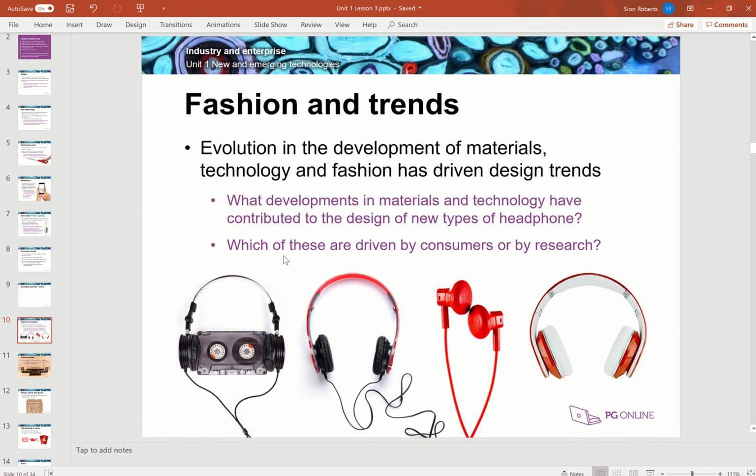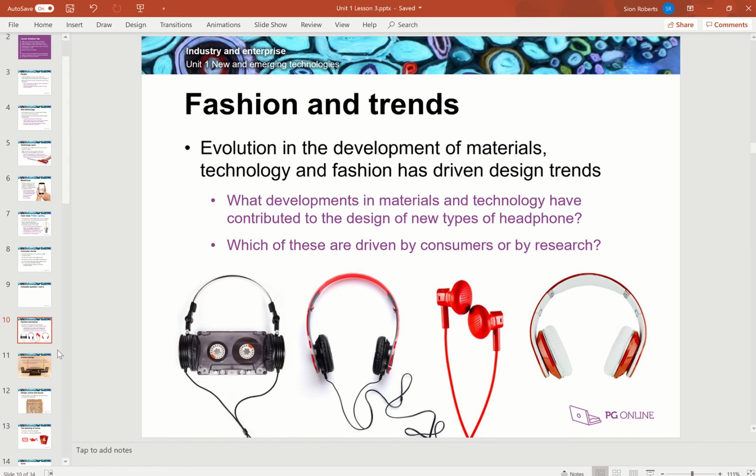So for the idea of people, culture and society, the evolution in the development of materials, technology and fashion has driven different design trends. This could be different design movements, different design styles. For instance, away from technology, we could have different types of architecture and design movements, such as the Bauhaus and modernism.